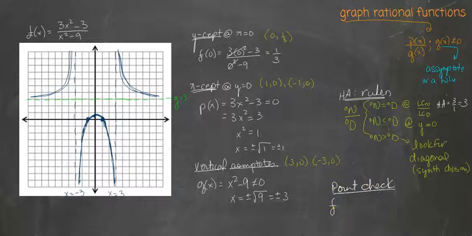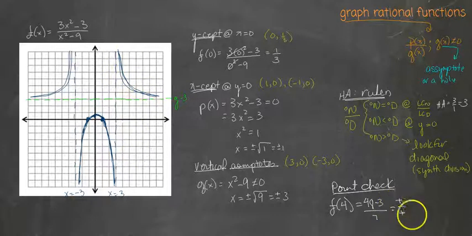So I'm just going to put in the f of, well, if this is 3, let's put in the f of 4. Equals 3 times 4 squared, so that's 16 times 3 is 30, 48, minus 3 over 16 take away 9 is 7. And at this point, all I really care about is knowing just by inspection that this is a positive and a positive, which means my value is positive.